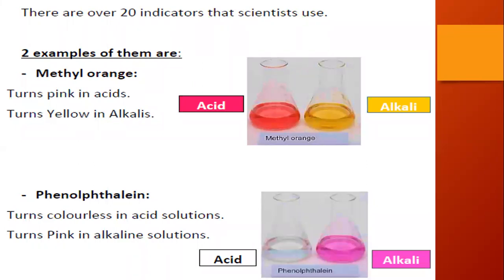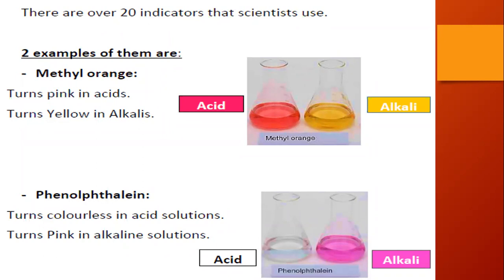So we don't only have this red cabbage juice and the litmus paper. We actually have over 20 other indicators that we use to identify or to detect the acids and the alkalis.